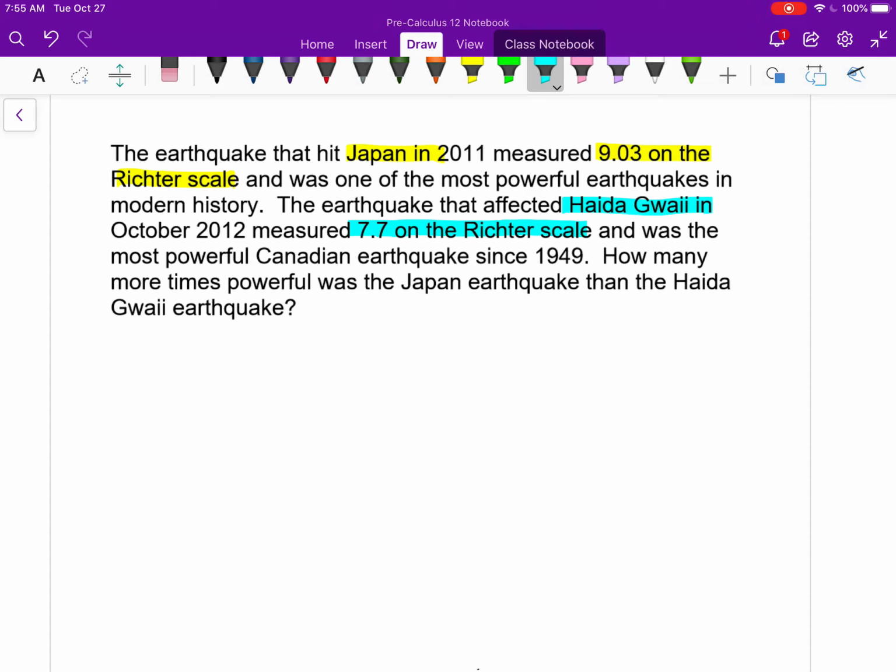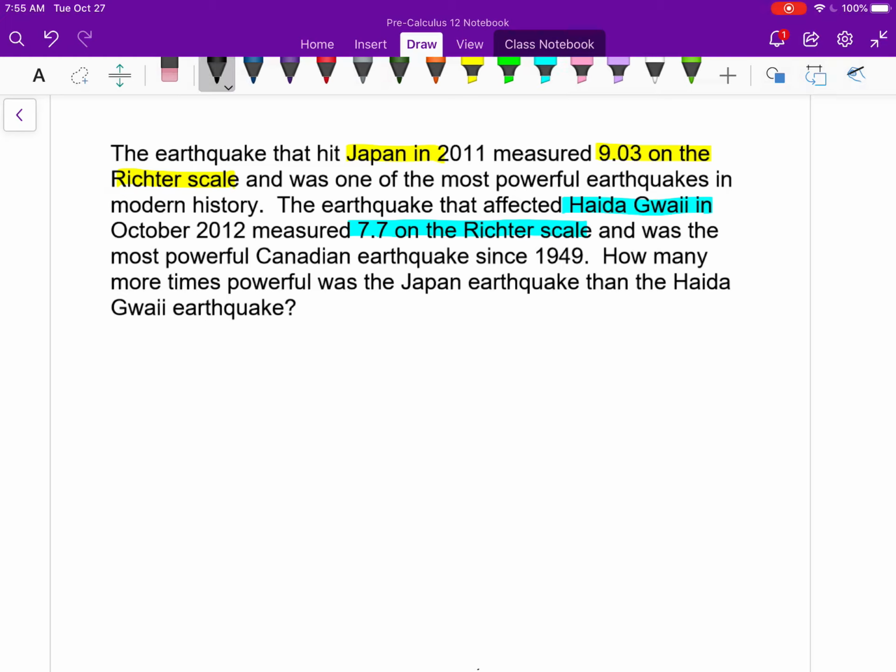And when you're dealing with logarithmic scales, a little change in the magnitude can make a very big change in what it actually represents. And so it's hard to tell how many times more powerful that earthquake is. It looks like it may just be a little bit more powerful because 9.03 is a little bit more than 7.7. But we'll see it's actually considerably more powerful.